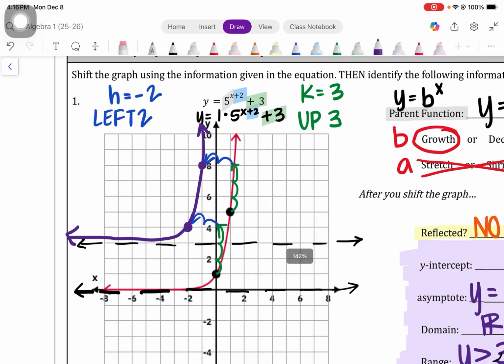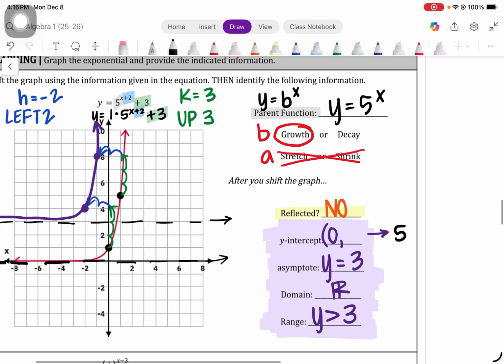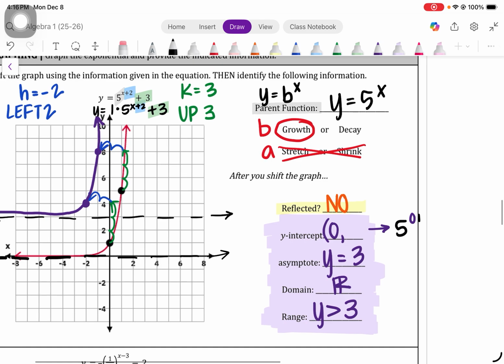So now, going back to our y-intercept, I cannot see it on my graph. I don't know where it perfectly crosses. So what I have to do is use our equation to help us find the y-intercept. So when we have our y-intercept, we know that the x value is always 0. So we can put that in. So now when we have our equation, what we're going to do is plug in a 0 for x and solve for the y-intercept.